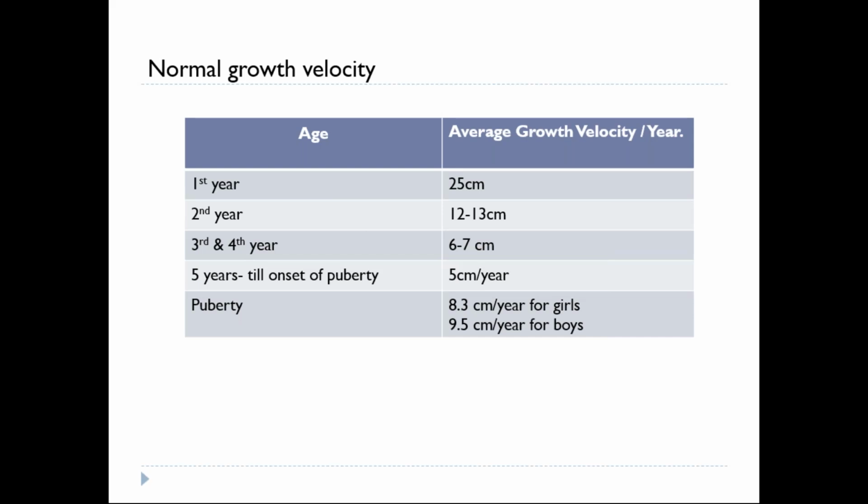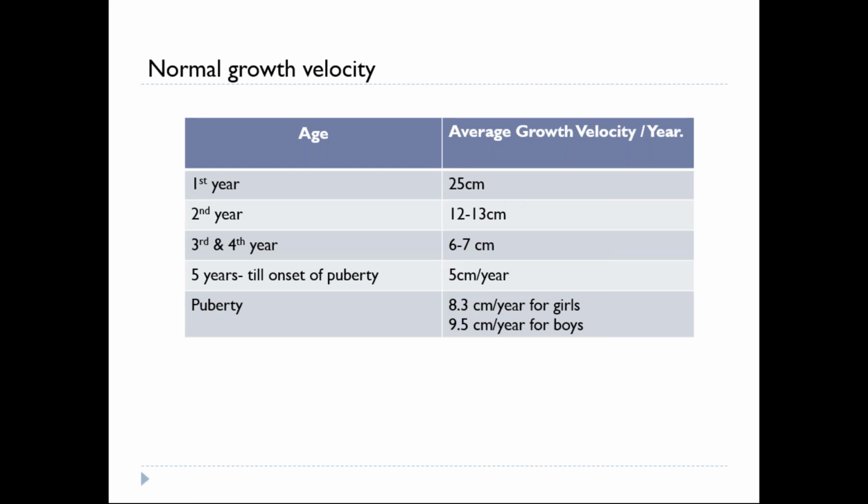During the first year there is maximum growth potential, approximately 25 centimeter per year. At birth, the length is 50 centimeter; by 1 year, it is 75 centimeter.